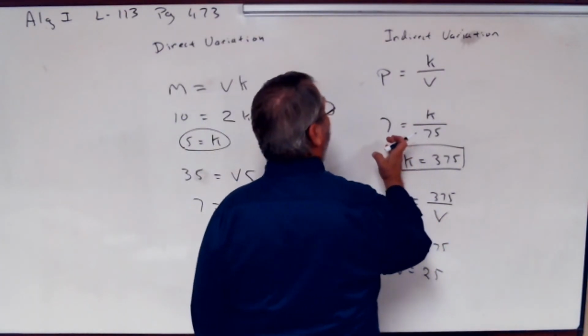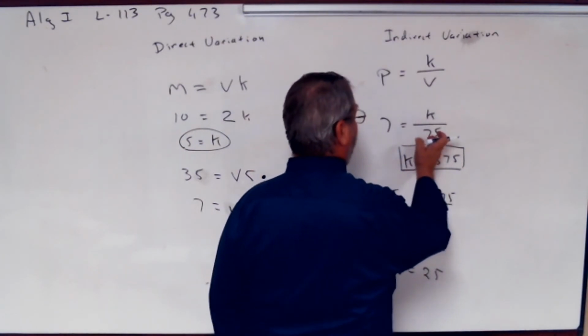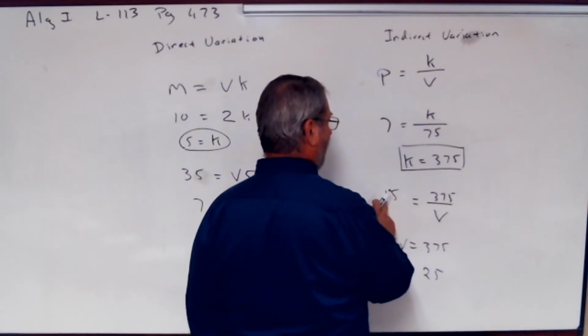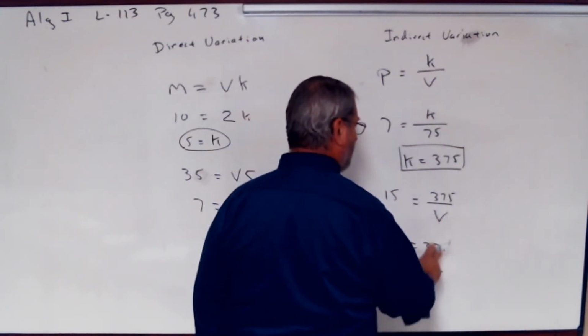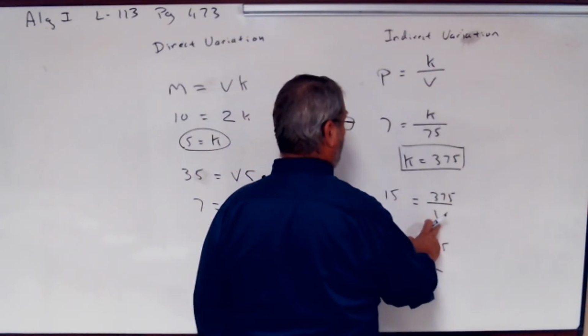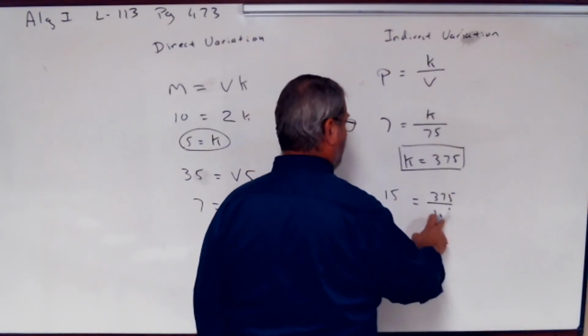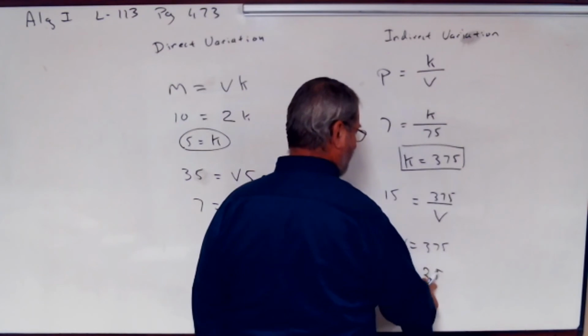So here's the deal. We start with 7 pascals, volume is 75 liters. If this increases to 15 pascals, the volume went down. The volume is smaller. As the pressure increases, the volume decreases.